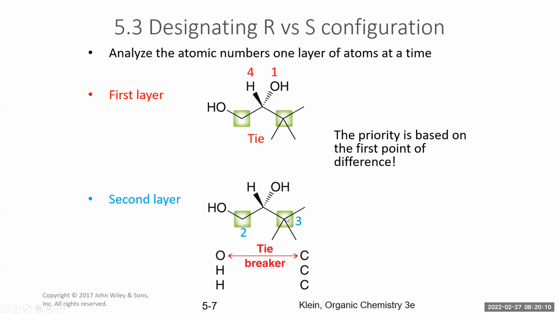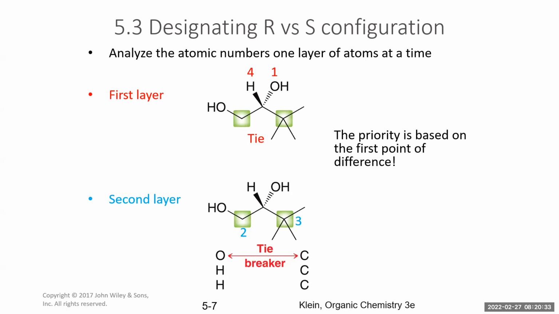So this carbon is attached to 3 carbons, that's all identical, so you just write carbon, carbon, carbon. But on the left, this carbon is attached to an oxygen and 2 hydrogens. So we would line that up, oxygen, hydrogen, hydrogen.